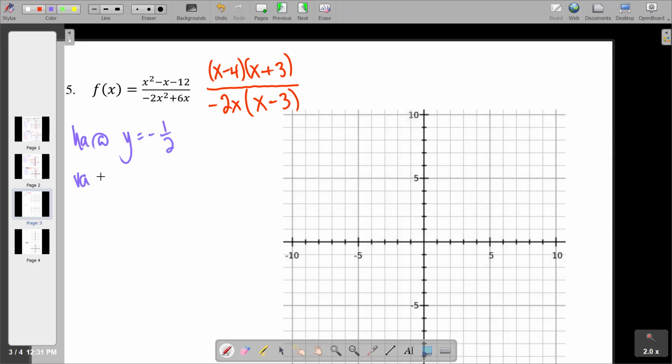Vertical asymptote. Good job. So there is a vertical asymptote at x = 3, and there is another one at x = 0. So we're going to have one of those six-region graphs that divides the plane up into six regions. Next up is x-intercept.